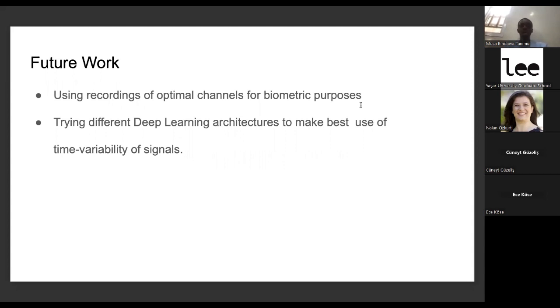However, it takes longer and the computational complexity is much higher. We can also try different deep learning architectures to make best use of the time variability of these signals. One of those architectures we're planning to use is the RTPNN, the Recurrent Trend Predictive Neural Network, which is good for time variant signals.